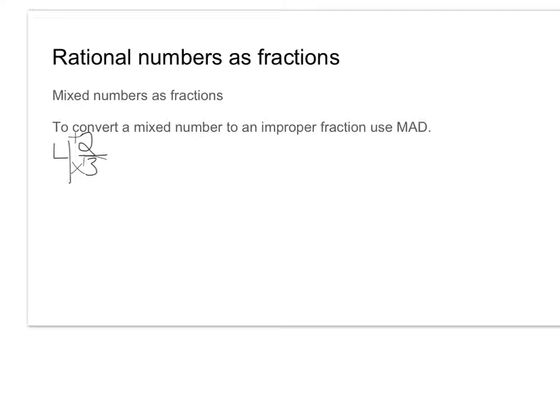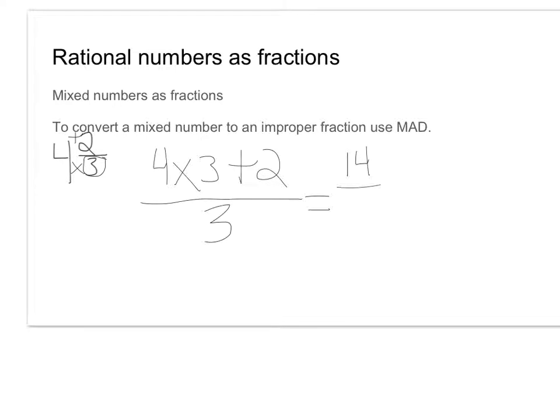And then I'm going to circle the denominator because you're going to keep it. So to write this out, it would be 4 times 3 plus 2, and you're going to keep the denominator, which is 3. Okay, 4 times 3 is 12, plus 2 is 14, and you keep your denominator of 3. So the improper fraction would be 14 over 3.